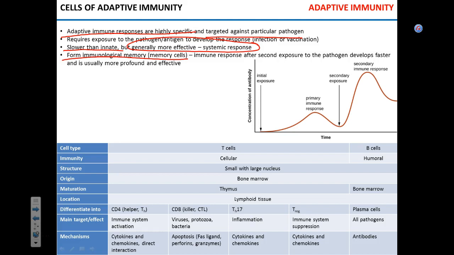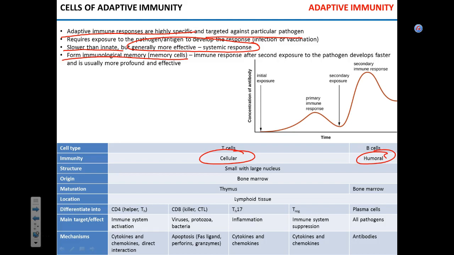But before we get to the fun stuff, we have to go through the fundamentals and a brief overview of the main cells and main branches. There are 2 main arms, sometimes called arms or branches, of adaptive immunity: cellular and humoral.